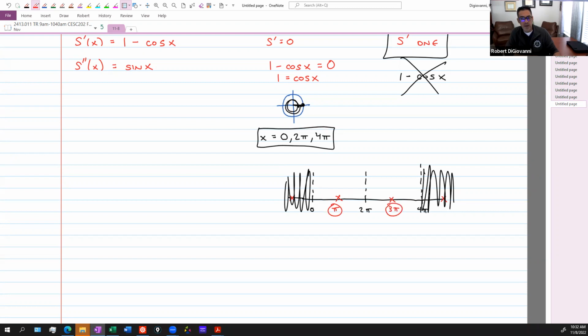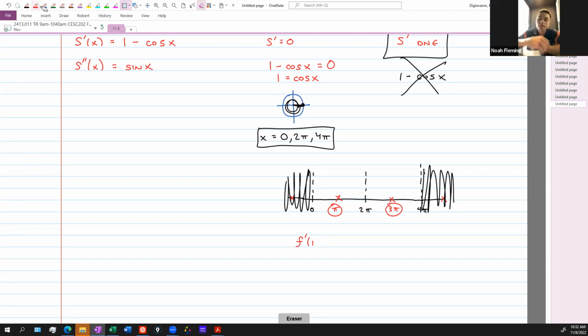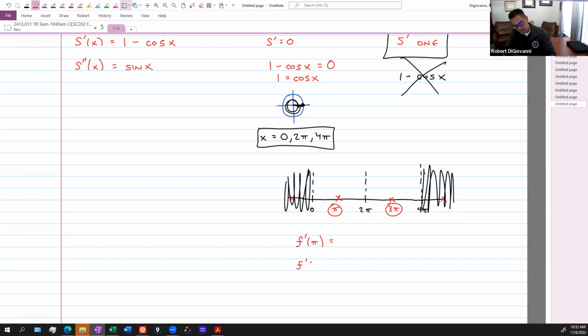And those numbers get plugged into the first derivative. Be careful here. The biggest problem that I run into with students on this next test is knowing when to plug things into the original function versus the derivative.